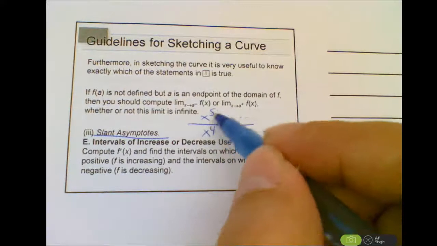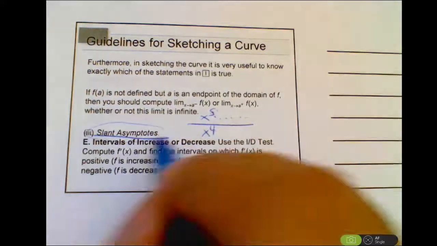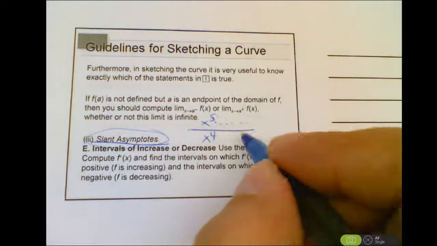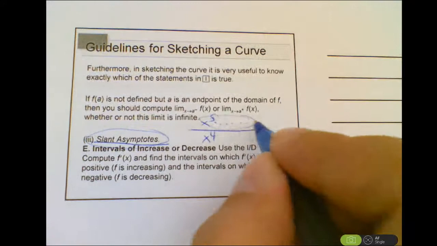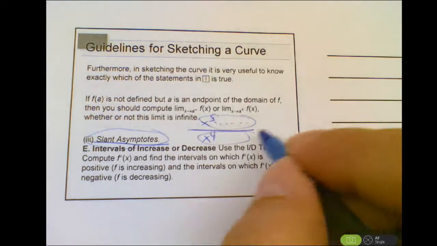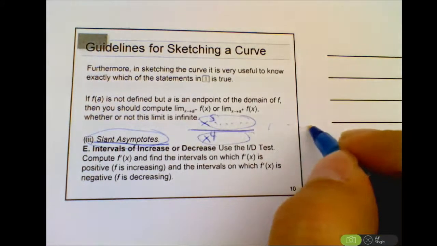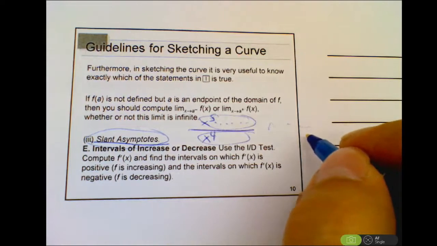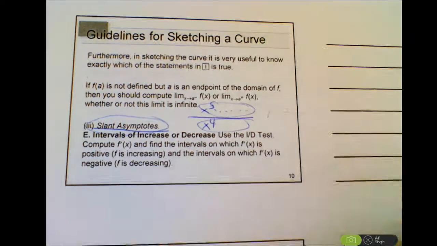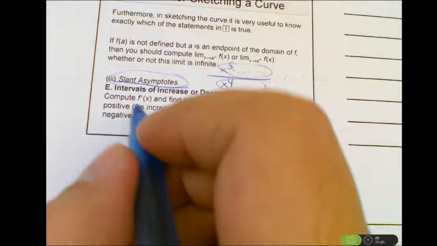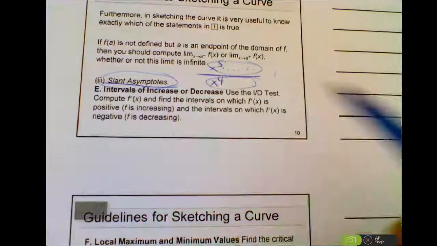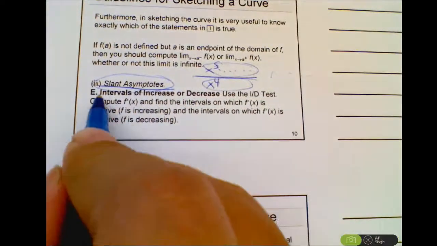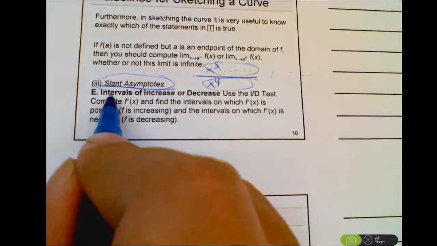So if the difference of degrees is 1, then you definitely have a slant asymptote, and that can be found by using long division of this polynomial by this polynomial, and you're going to have some quotient and some remainder. Potato, tomato. You may not encounter this a lot of times, but when we do, then definitely ask for help if you don't remember. But it's very easy. It's just like long division.